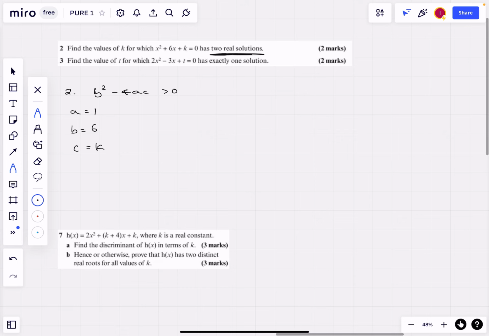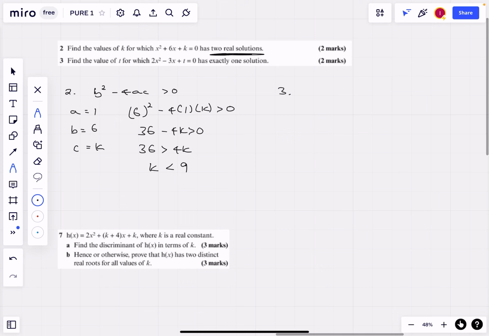You plug that in, 6 squared minus 4 times 1 times k greater than 0. 36 minus 4k is greater than 0. 36 greater than 4k. So k is less than 9, or 9 is greater than k. Cool?